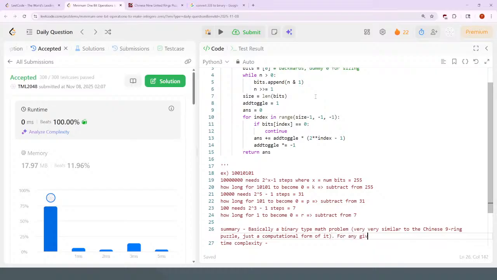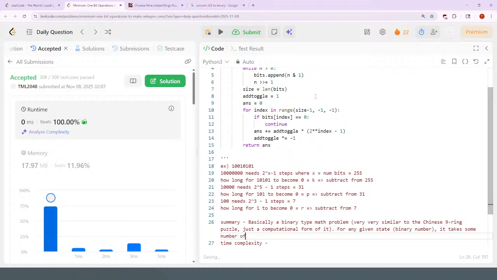For any given state, where the state is the binary number, it takes some number of steps or operations or moves in the puzzle to get to the 0 state, which is like 0. Leverage that in the calculation.